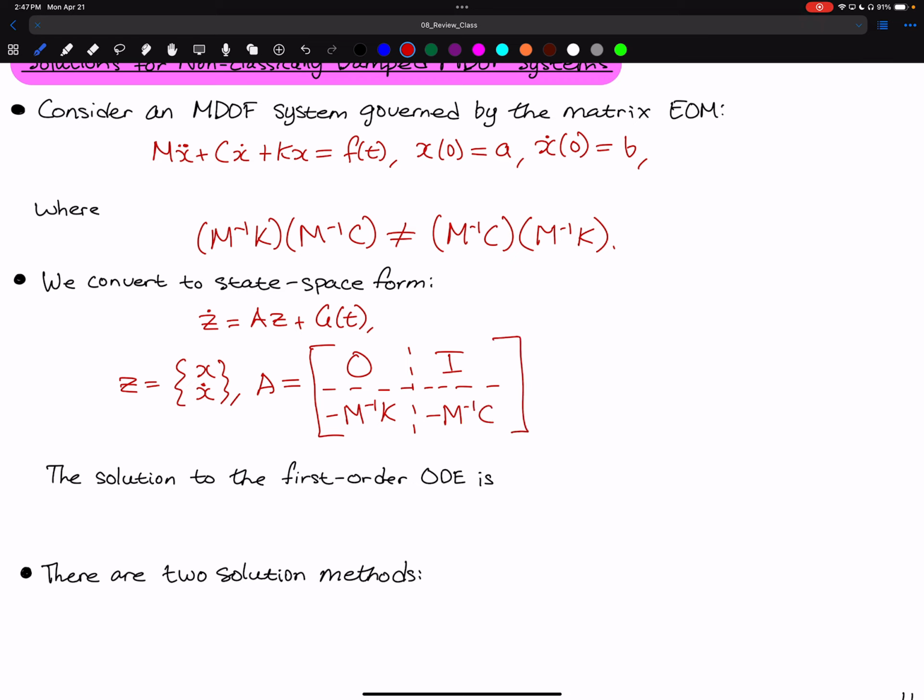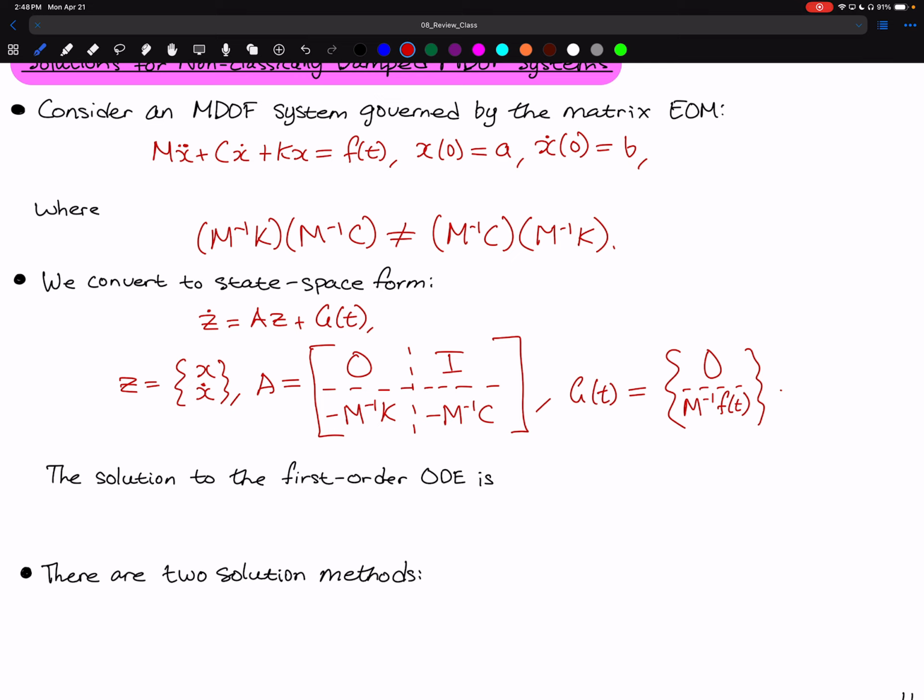And then lastly, this vector g of t will be equal to a vector of 0, and then m inverse times f of t. So that's the state space form for this system.